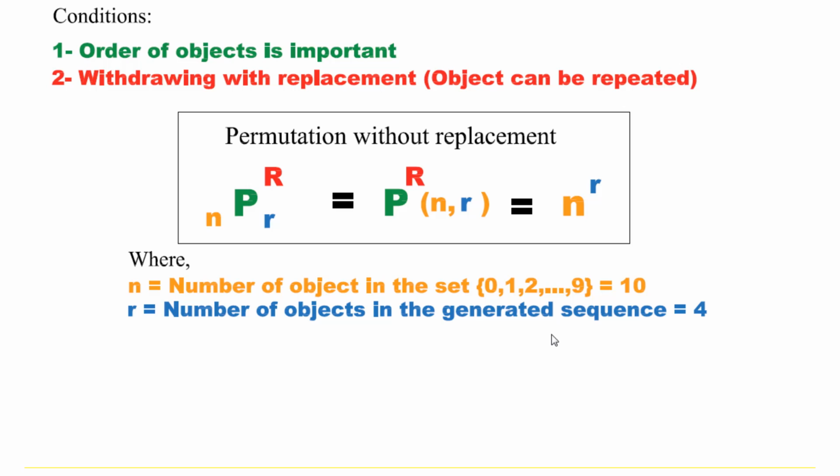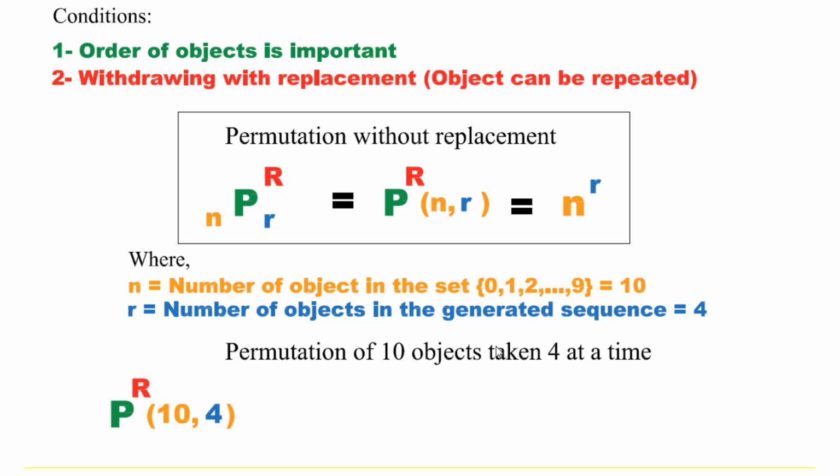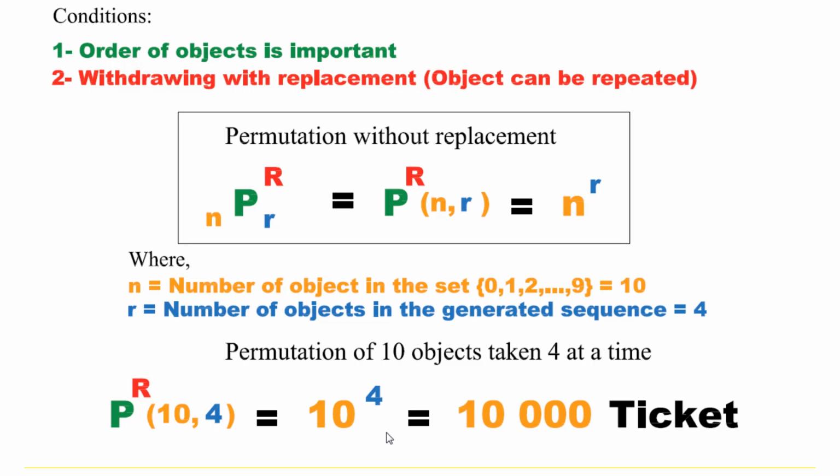So r is equal to 4. And now we have permutation of 10 digits taken 4 at a time. So we substitute n and r in this formula. Permutation with replacement of 10 taken 4 is equal to 10 to the power of 4, and that is 10,000 tickets.